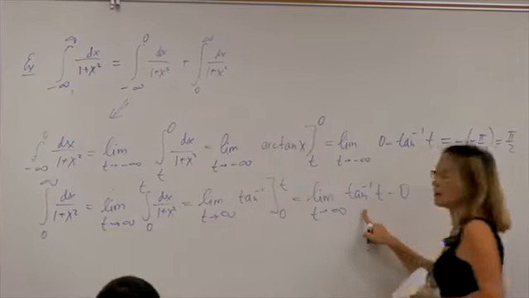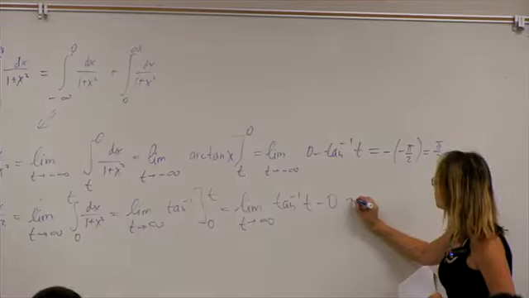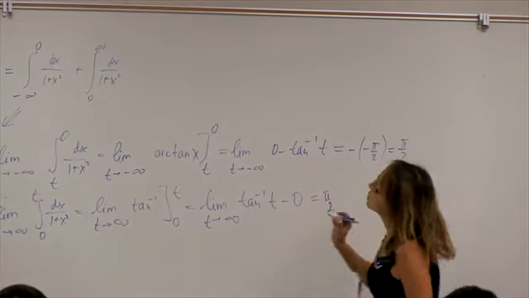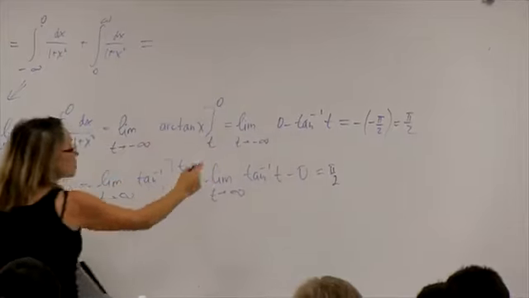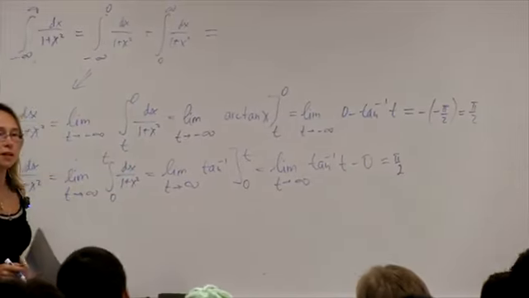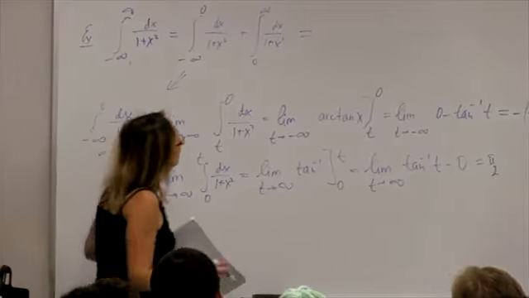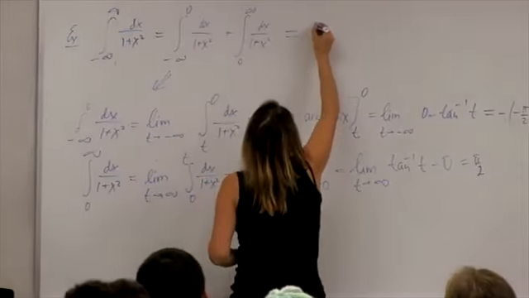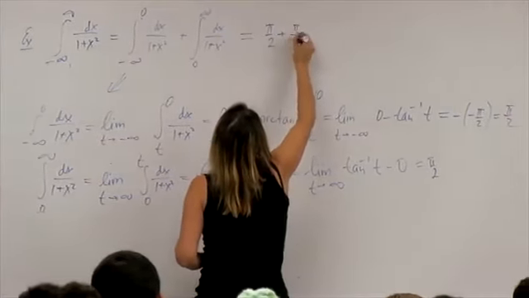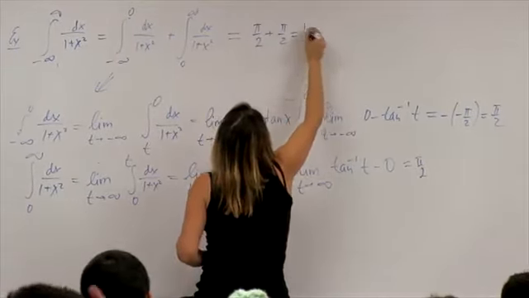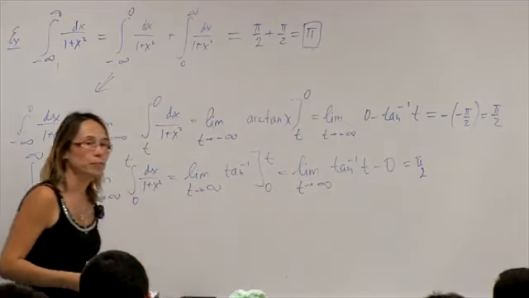Okay, so I have an arctangent of plus infinity, which is pi over 2. So what's the answer? The answer is the sum of the two. You can see that both parts converge. Not surprising that they are the same, and the answer is pi.